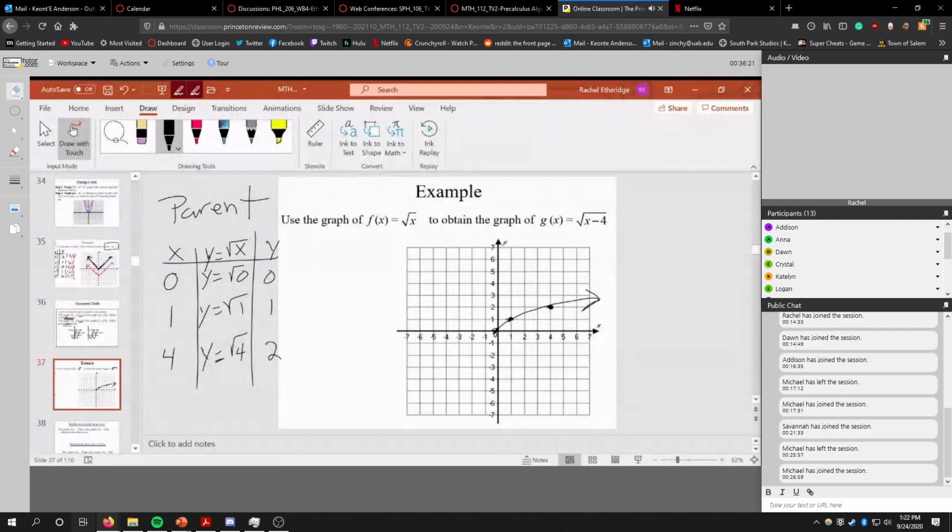Now, inside this radical, I have something that causes me to shift the graph horizontally. Horizontally is along the x-axis. So if it's trapped with the x, then your shift is horizontal. I have a -4 inside of here, so the graph shifts to the right 4.